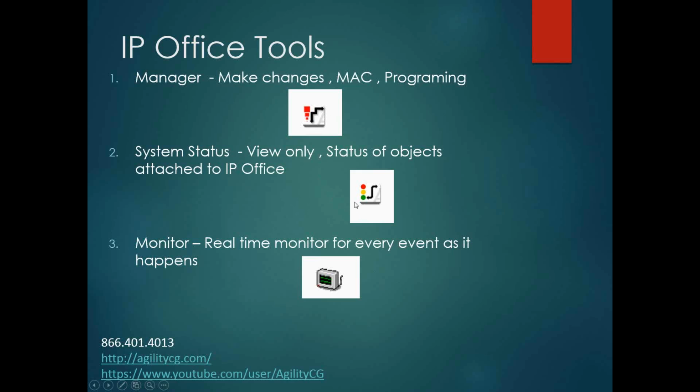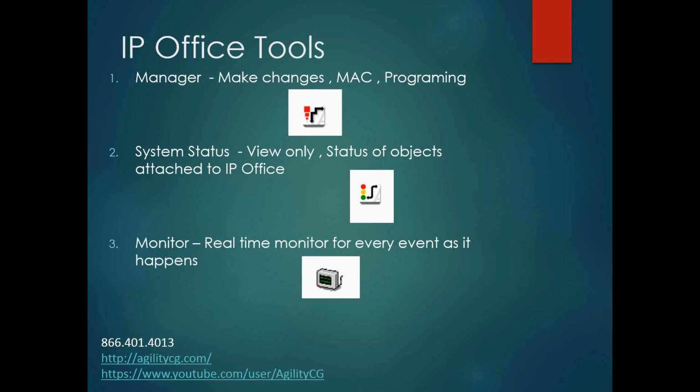We also have System Status, which is a view-only tool, but it gives us a lot of information, and it shows what is actually taking place. There are times where we have programmed something in Manager, and we think that's what's actually active on the system, and we look at System Status and we may see something different.